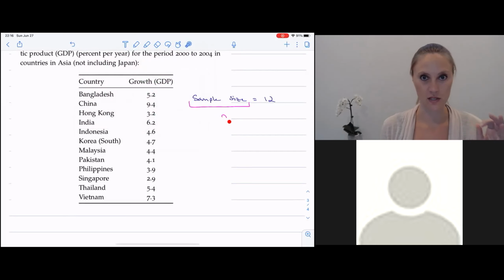The sample size is denoted by a lowercase n, and you're going to see that in any sort of report.